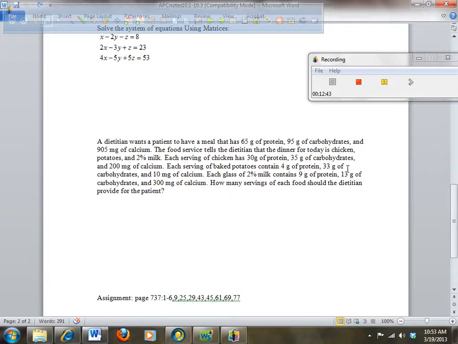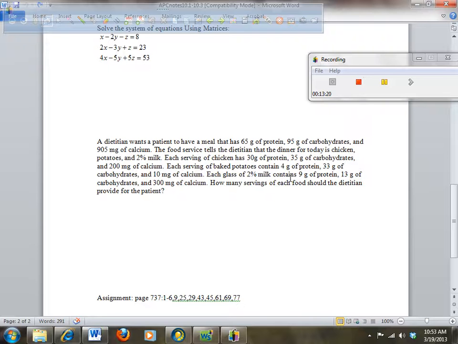And he served 4 grams of protein, 33 grams, and 10 milligrams of calcium, and so on and so forth. So the way that you set this one up is like so.